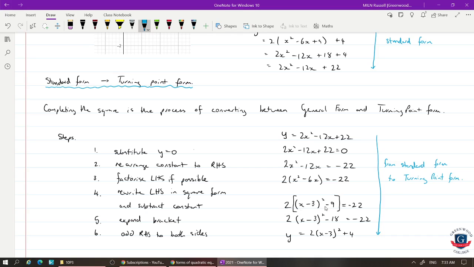So 2 times (x take 3) all squared, 2 times negative 9. And to finish it, bring this value over to the left hand side and write y equals again. So add 22 to both sides, that gives you plus 4, and write y equals this expression, plus 4.